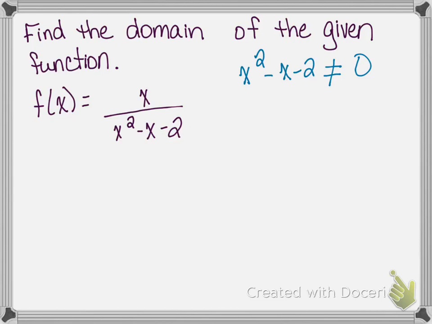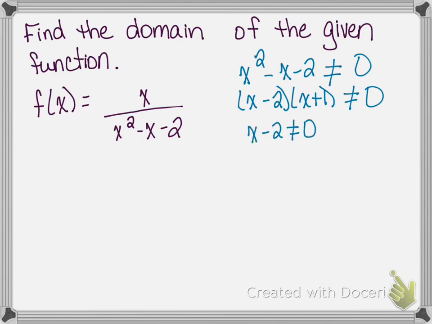So this factors to x minus 2 and x plus 1. That means that x minus 2 cannot be 0, and x plus 1 cannot be 0. So x can't be 2, and x can't be negative 1.